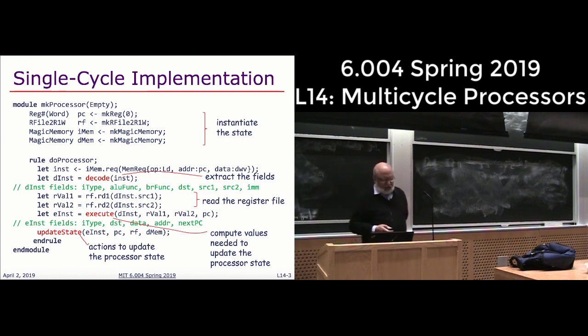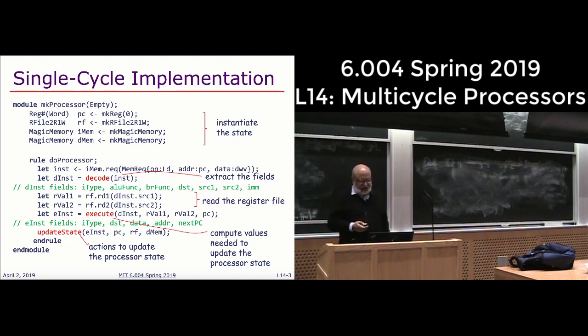It computes the value needed to update the processor state. And finally, we can take all these things and put them in a function called update state. And this is kind of cute, you know, I could have written out all the code, but you can also write it as a function. So it's not a big deal, if you don't like these functions, you can write out the whole code, but really this is legal code here. So I'm just calling it a function, update state, which given all these values will go and update the state of the processor.